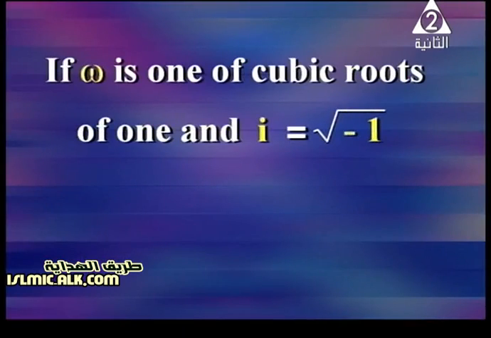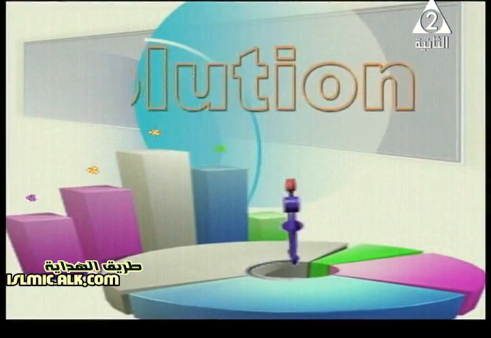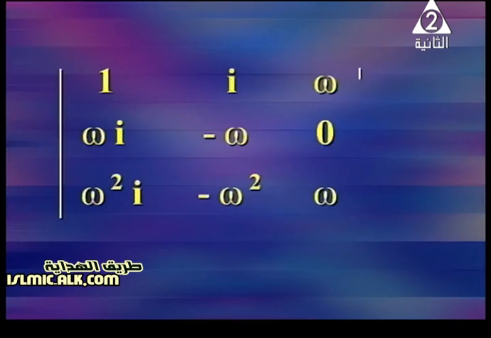Another example. If omega is one of the cubic roots of 1 and i is the imaginary number square root of negative 1, prove that this determinant, look at the determinant, with rows 1, i, omega; i, negative omega, 0; omega square, i, negative omega square plus the third element omega, equals 0.